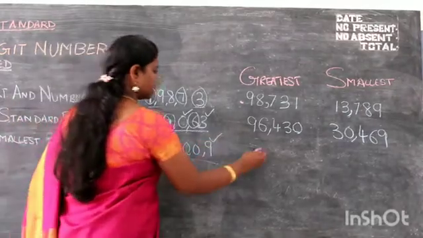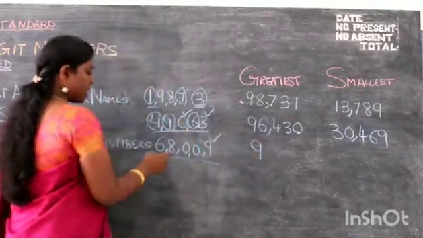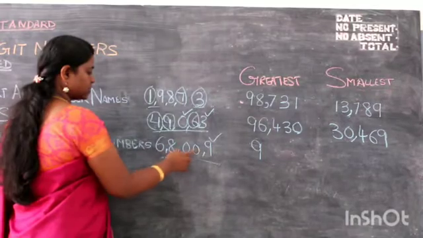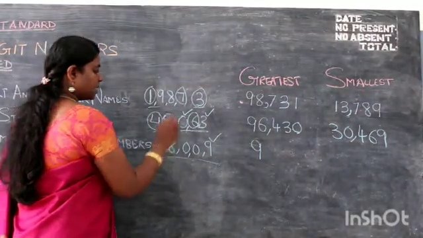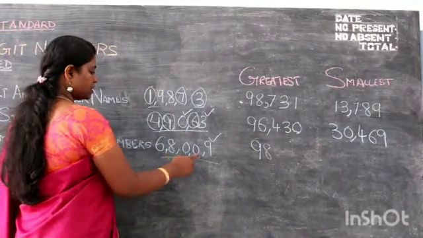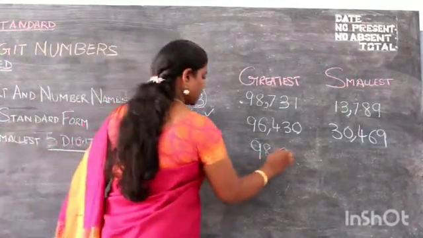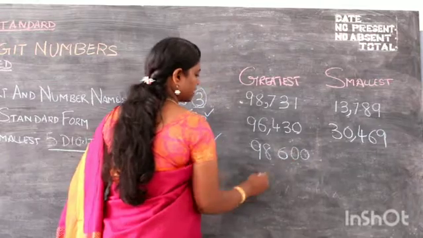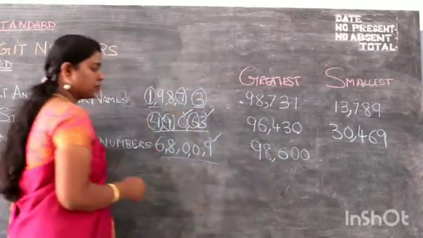Of course 9. Now you have 8 and 6 and 0 and 0. Which is the biggest one? 8. You write 8. Now 6, 0 and 0. 6 is the biggest number. And then you have the 2 zeros there. You can put a comma here, right?